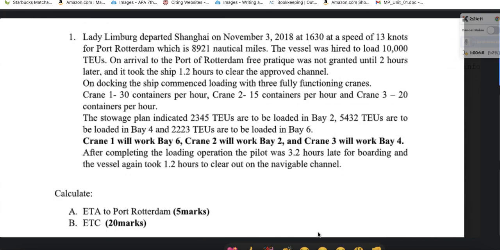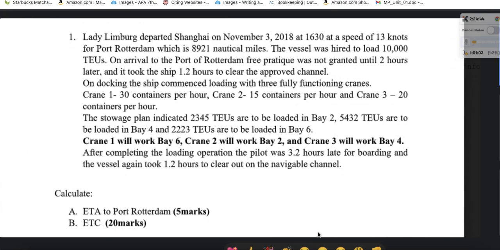Where did the 1 come from? The 1 hour from the 1.2.